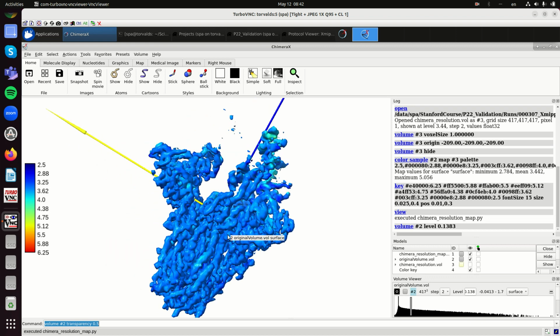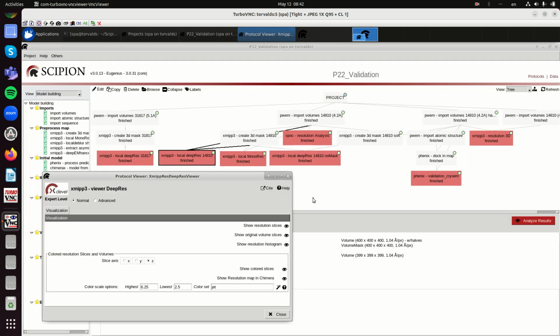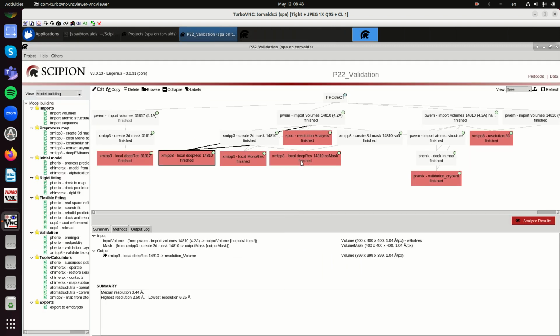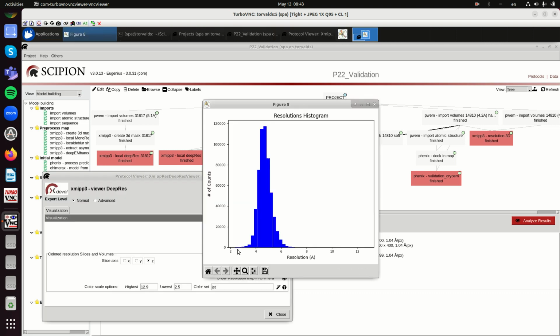So if we apply DeepRes to the half map, now the resolution drops from 3 to 5. Now it looks more like a 5 point something reconstruction.